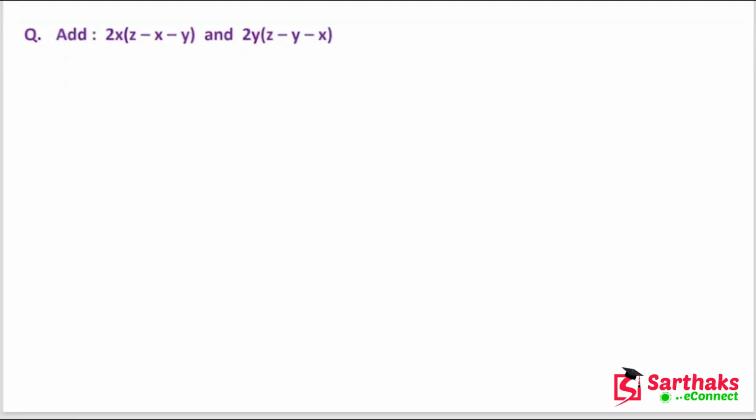It says that add them. Now see what we have is monomial into trinomial. It is not monomial into binomial, it is monomial into trinomial. So the same formula, distributive property only. So 2x into z minus x minus y plus 2y into z minus y minus x.